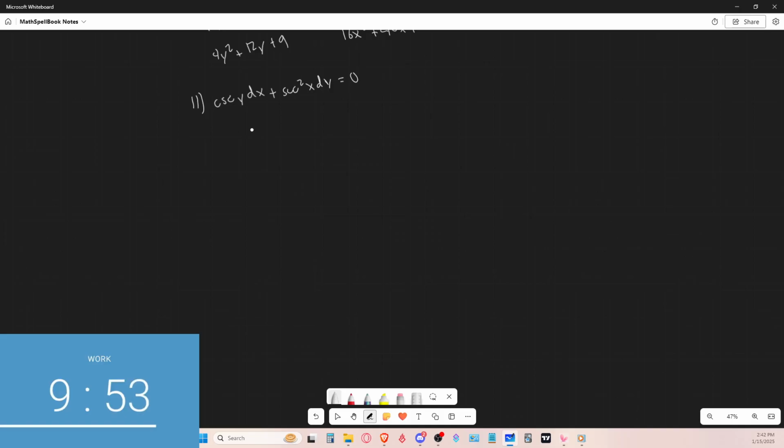Oh, we got another funny mixed problem. So I think we'll minus the x side. And then technically they're all mixed up, so we're going to end up with f of x.